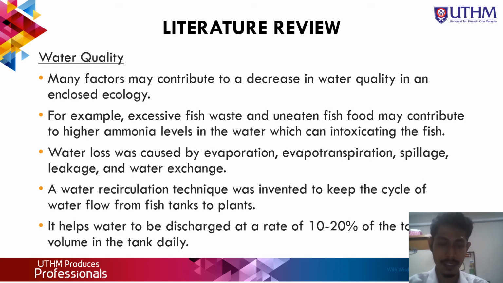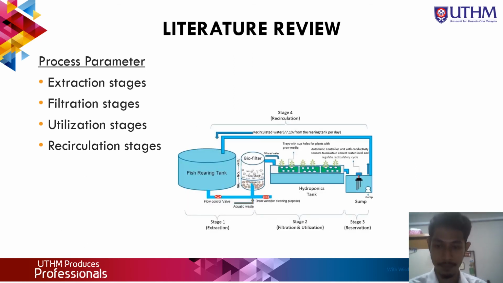To address this problem, a water recirculation technique was invented to keep the cycle of water flow from the fish tank to the plants. And this system had to be discharged at a rate of 10 to 12 percent of the total ammonia volume in the tank daily.